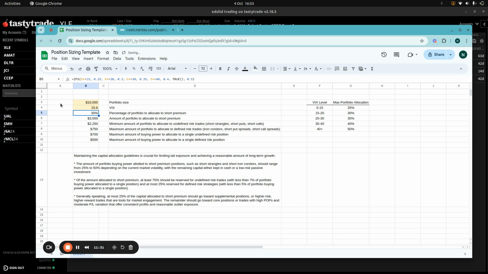And then below that, everything will be automatically calculated for you. At this point, all you need to do is use the information here to form the backbone of your portfolio. It will tell you how much buying power to allocate to a single defined risk position, an undefined risk position, and how much of your portfolio you should allocate to short premium strategies in general. And as long as you follow what's here, you will be just fine long term.